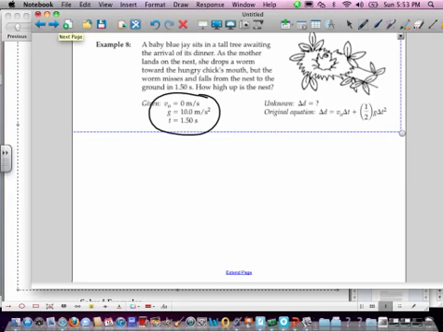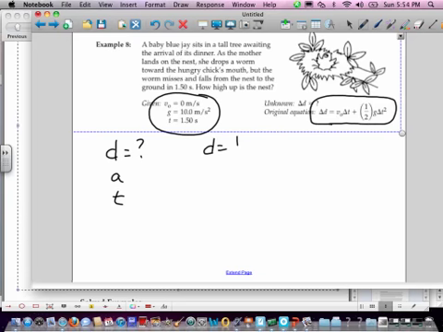So we want a formula that involves distance, because that's what we don't know, acceleration, and time. So distance, acceleration, and time. If we look at our equation, just remember distance equals 1/2 at squared. That's the one I'd like you to remember.